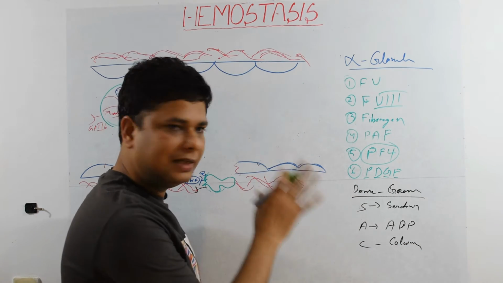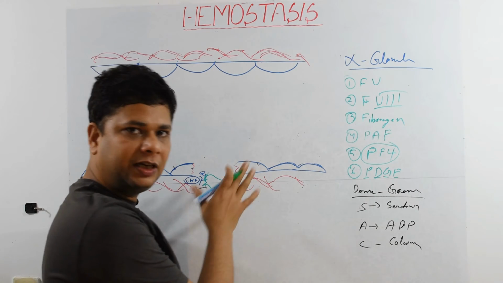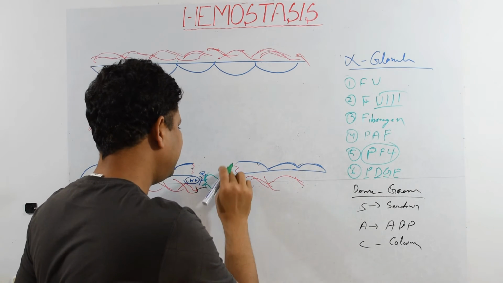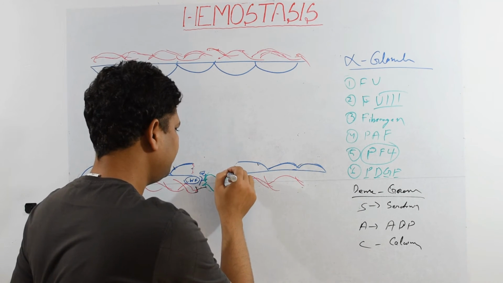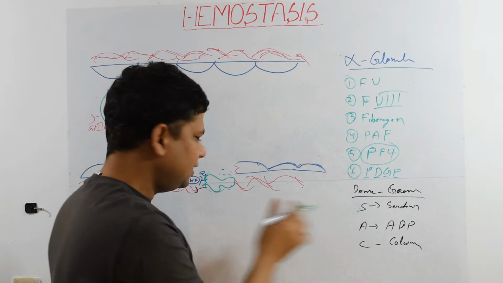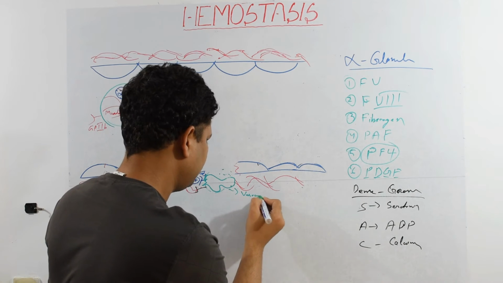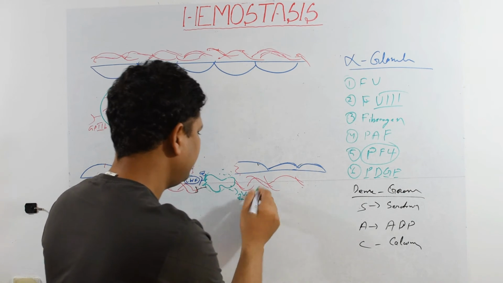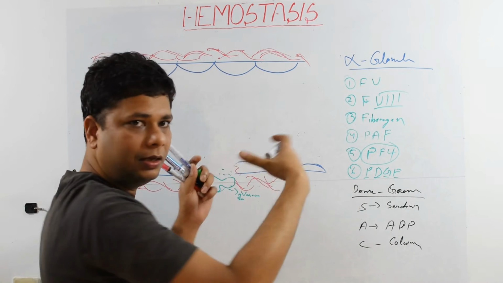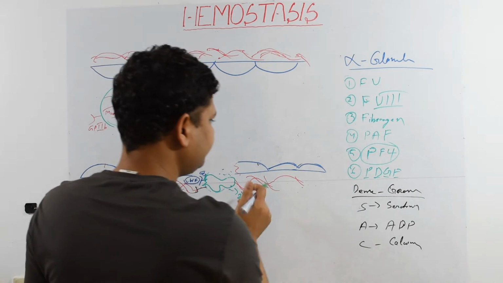We'll talk about dense granules first. These platelets, after getting activated, will secrete these granules. Serotonin is also a vasoconstrictor, so it will make the vessel constrict to reduce the blood flow.